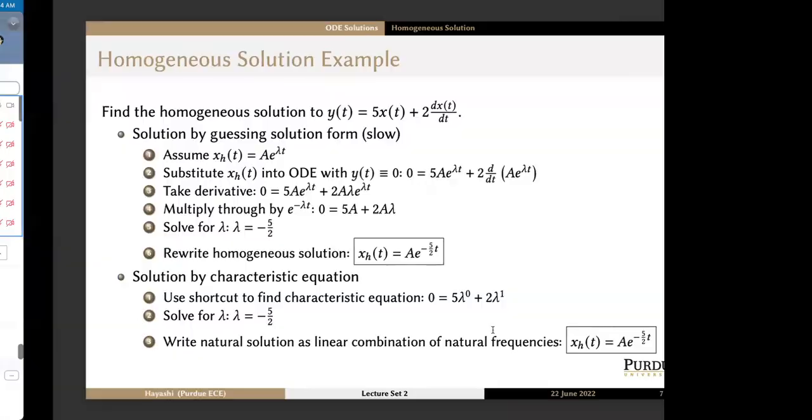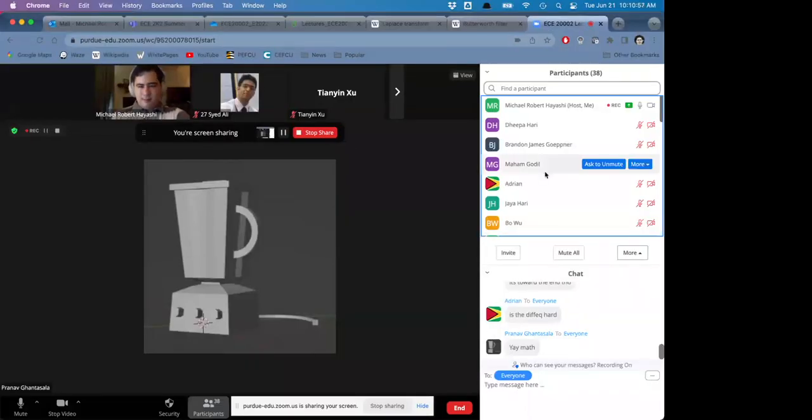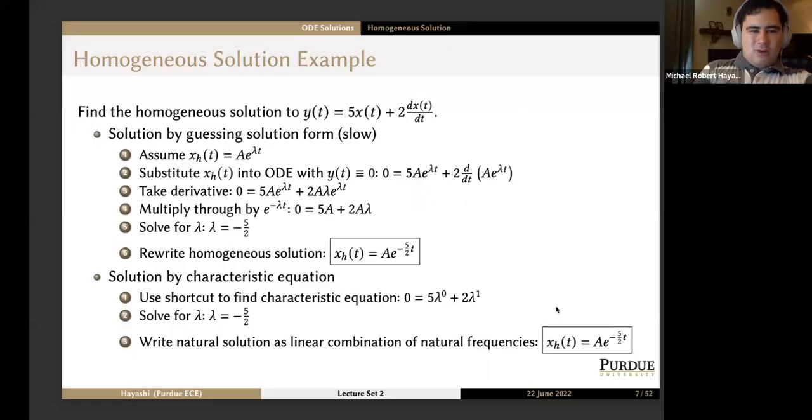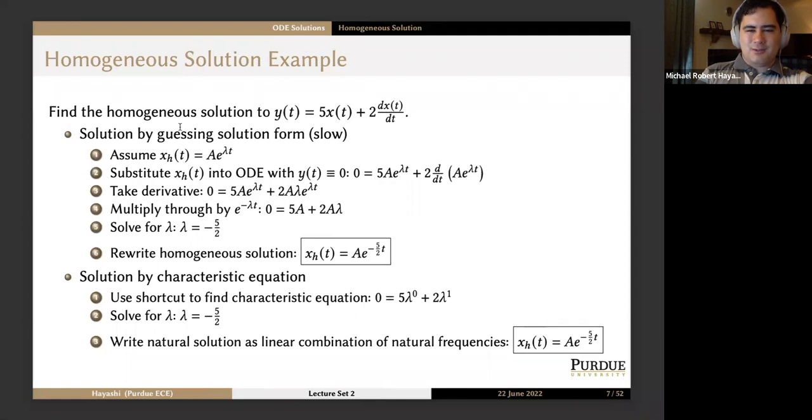If we're going to cancel out the a in guessing the solution form anyway, is it necessary to have it? Because when I was doing 266, that wasn't there. So the short answer is, we assume that we need some coefficient out there.